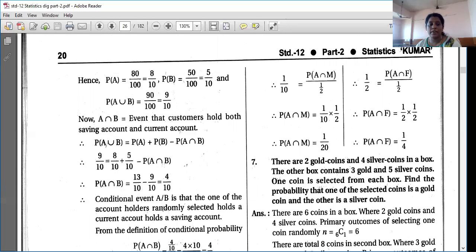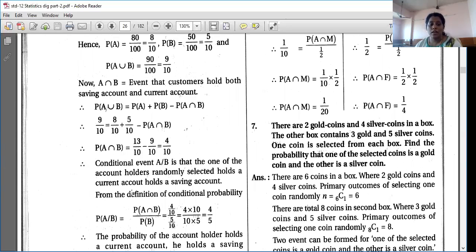The conditional event A by B is that the account holder randomly selected holds a current account, given that he holds a saving account. In this question, P of A, P of B and P of A union B were given, so with the help of A union B you have to find A intersection B. It is not stated that it is the law of addition, but if A union B is given, that means law of addition.